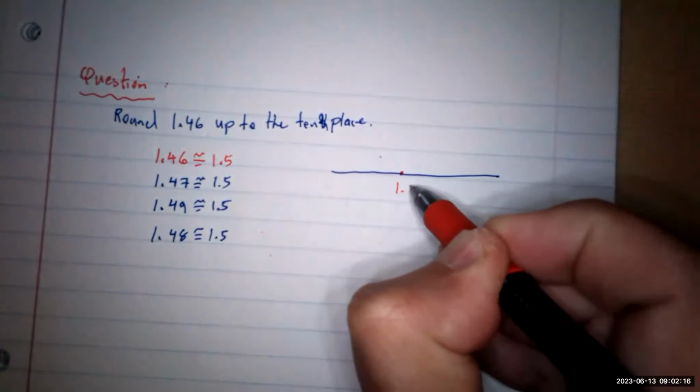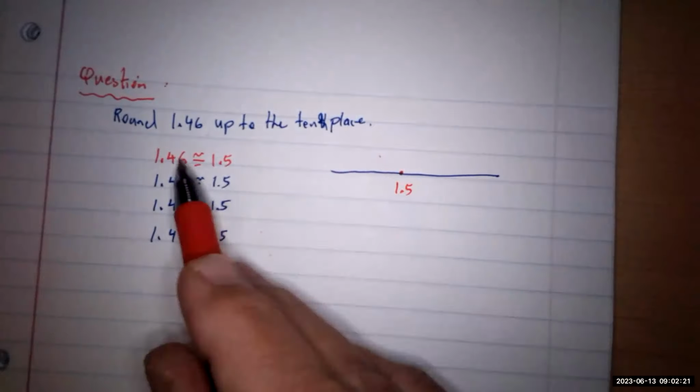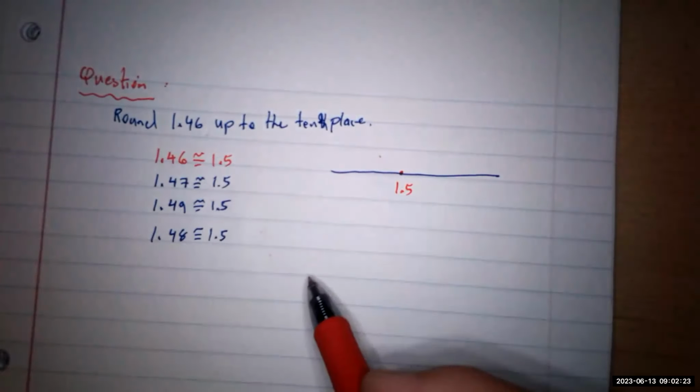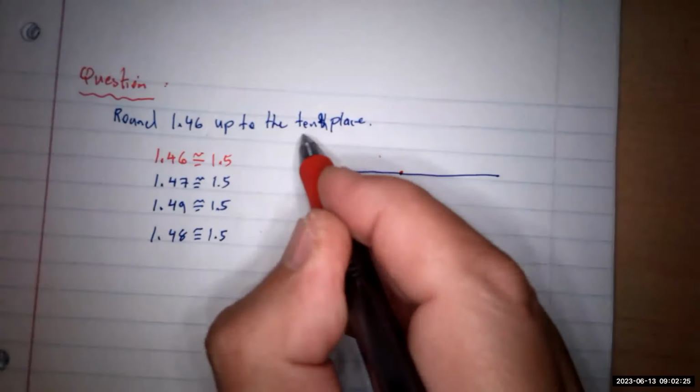You estimate these numbers to get to the point of 1.5. The one that I would like you to know is this 10th place that we are going to talk about. What's the meaning of that 10th place? When you round the numbers, rounding is an estimate. You may lose something or you may gain something, in the case of rounding. So in this case, you see 1.46, 1.47 to get a 1.5.